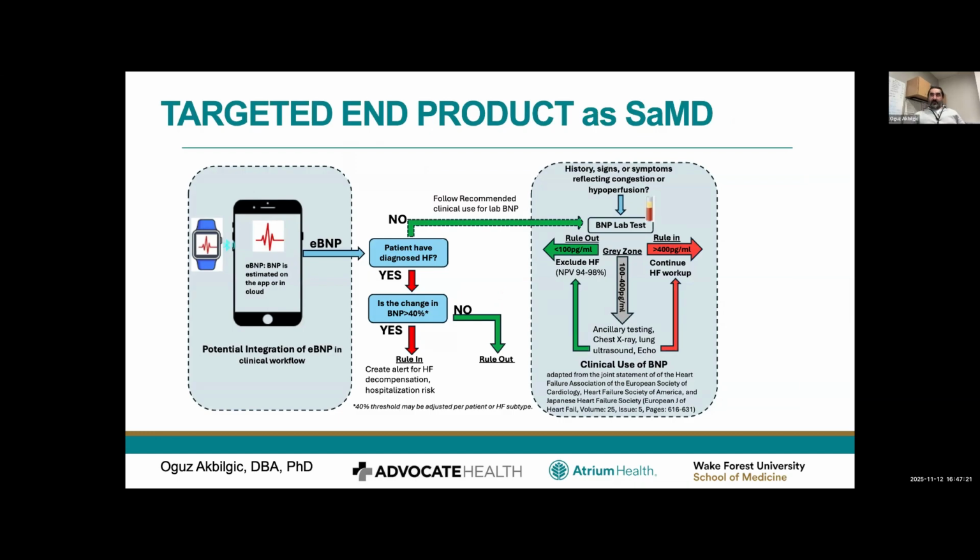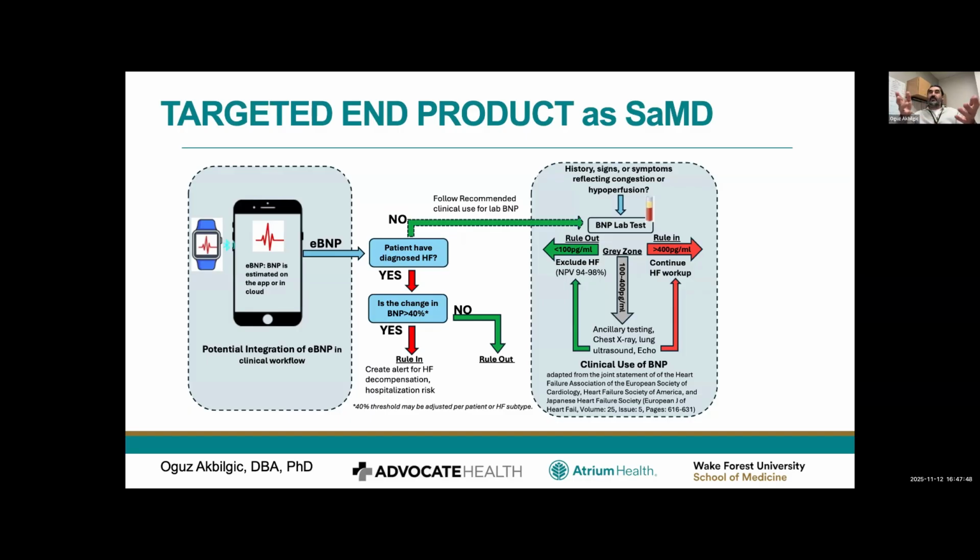And then we want to turn it into a care model, which we developed. Anyone who has an Apple Watch or uses our mobile app, let's say they record an ECG. First, we determine whether they have heart failure or not. If they have heart failure and their BNP is estimated to be more than 100, we directly align them or push them to the existing clinical workflow.